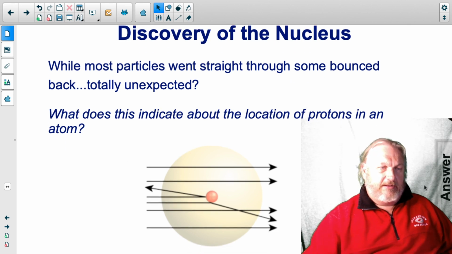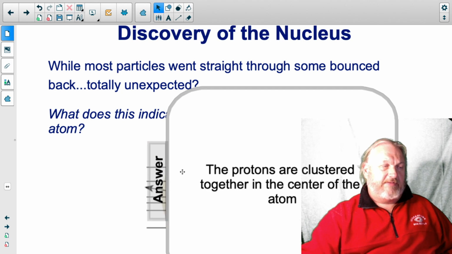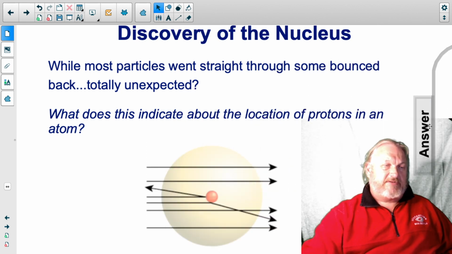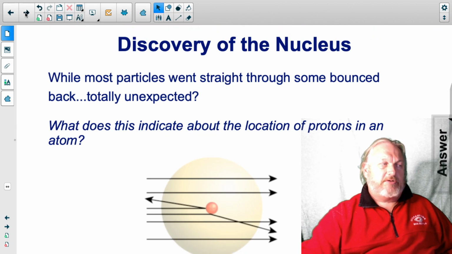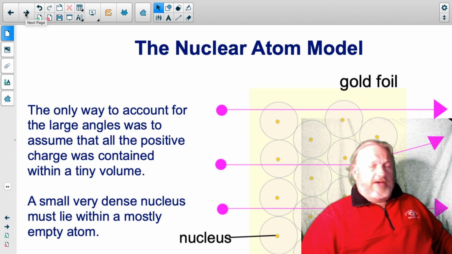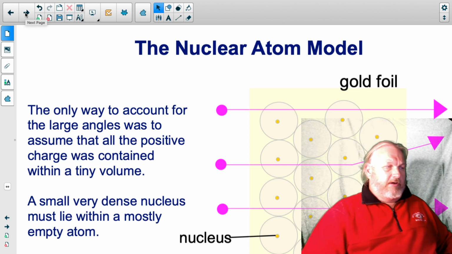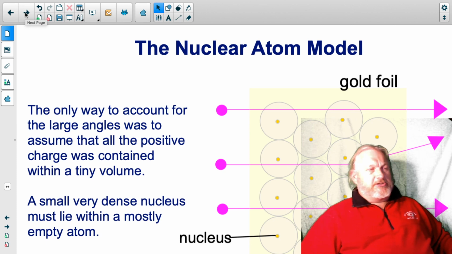The protons are clustered in the center of the atom. These positive charges are all packed together, which should not be according to the plum pudding model. The only way to account for those large angles was that all these positive charges were in a very tiny volume.